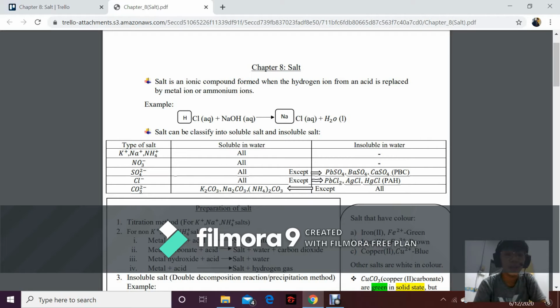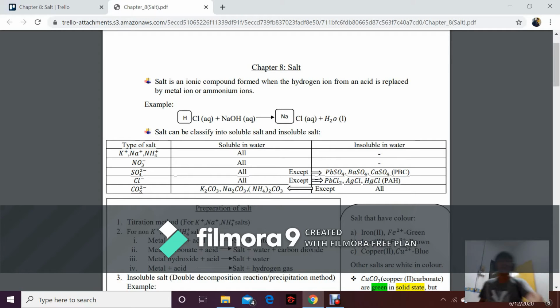If you see NO3, K, Na, or NH4, they are all soluble salt. No other answer. You cannot choose insoluble because all four ions definitely will produce the soluble salt.